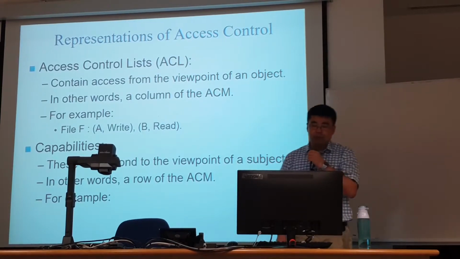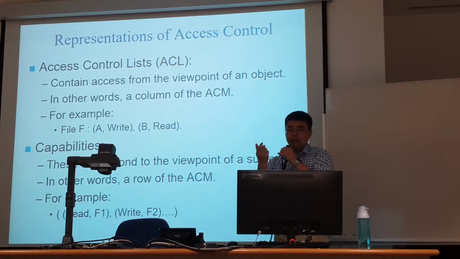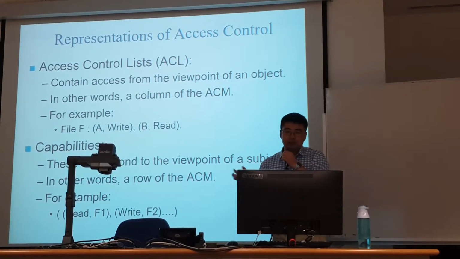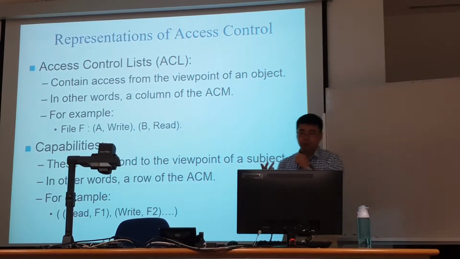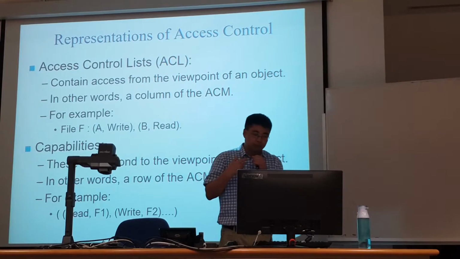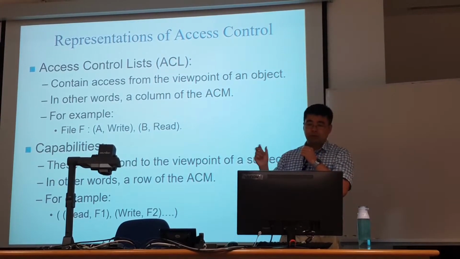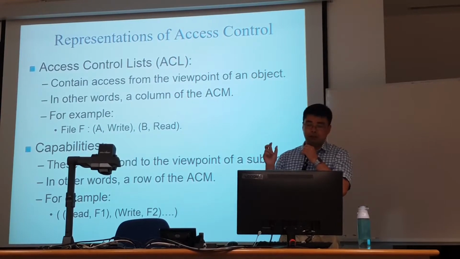The matrix can be very sparse. That means the matrix may only contain very few items. A lot of cells are empty. So in this case, we can create two subviews of the matrix. You can create a subview from the subject perspective, or you can create a subview from the object's perspective.